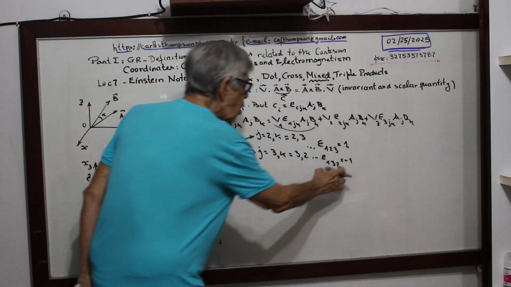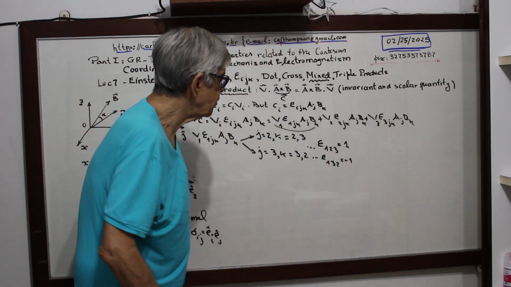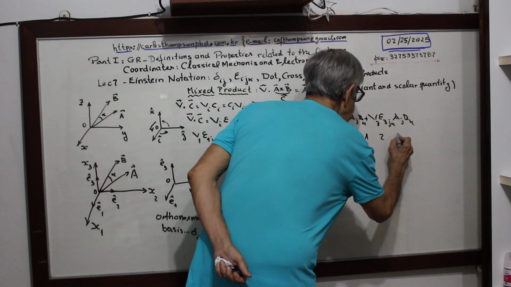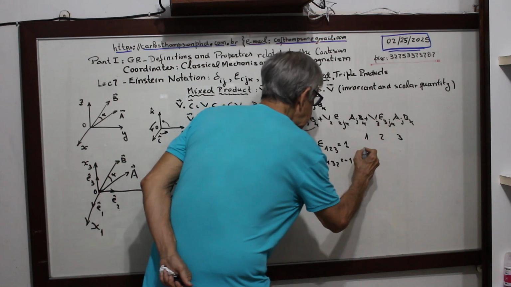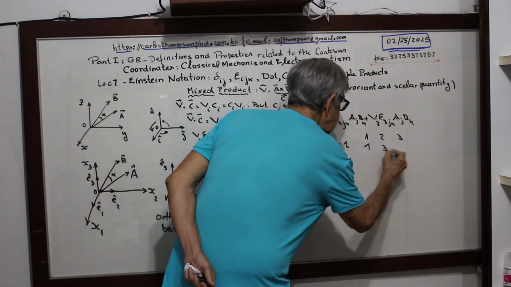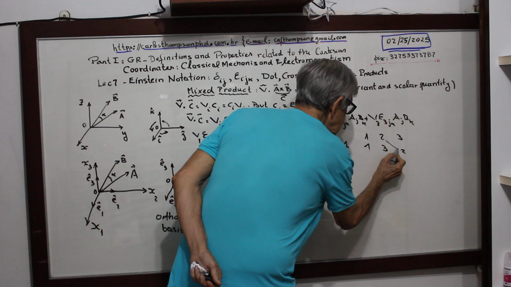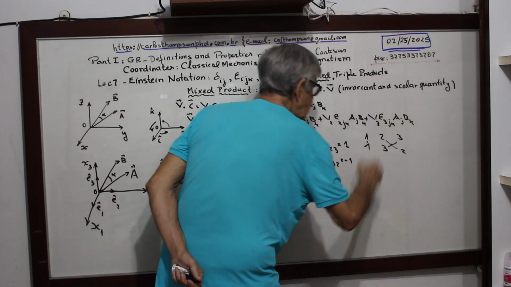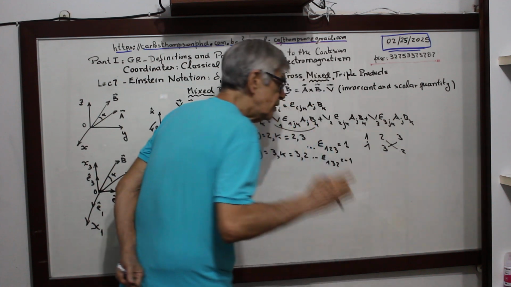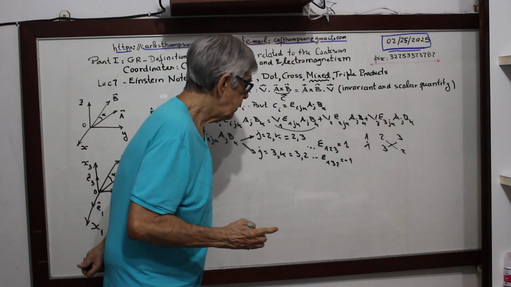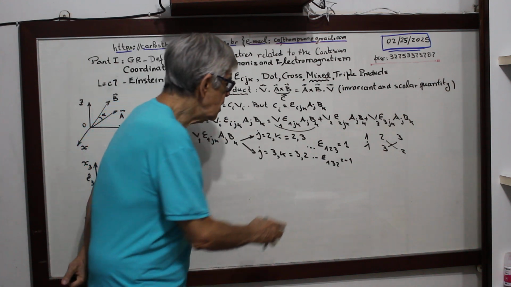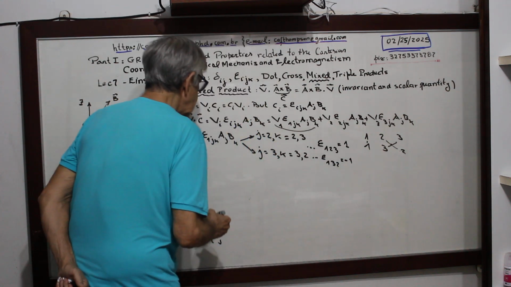You see, this is an odd permutation. You just put 1, 2, 3, and then you repeat 1, 3, 2. Here there is one crossing, so one intersection means an odd permutation. That's why here it's minus 1.